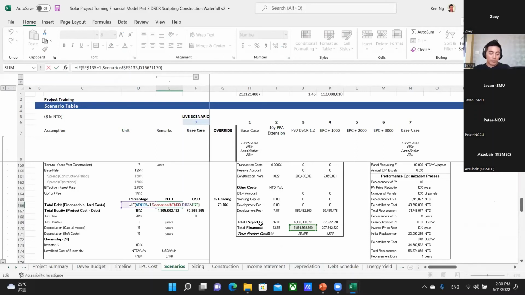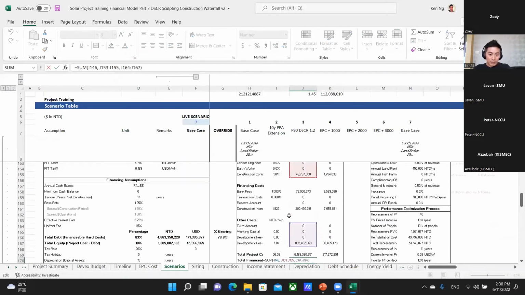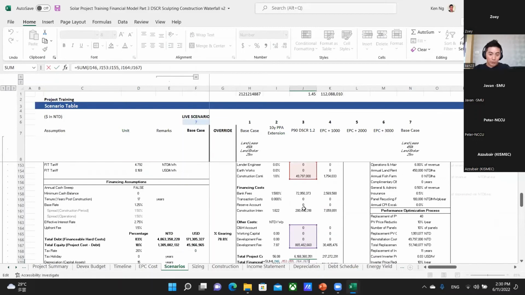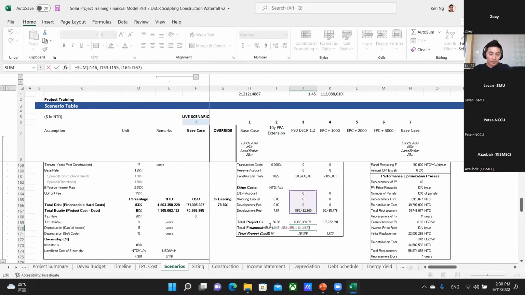So the total project cost we assume excludes the financing costs. It's basically our DevEx and our construction costs, but it's purposely excluding our financing costs to get to our debt, and the gearing multiplied by that gets you the debt financing assumption.